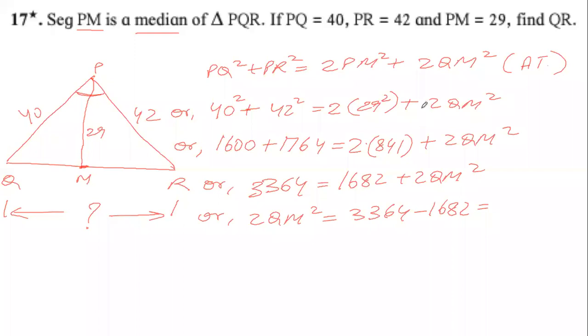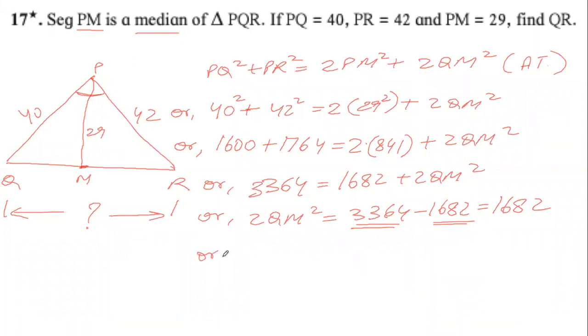Yep, 1682. You see, 3364 is double of 1682. This is just like 10 minus 5. 10 minus 5 will be 5. So 3364 minus 1682 will be 1682.